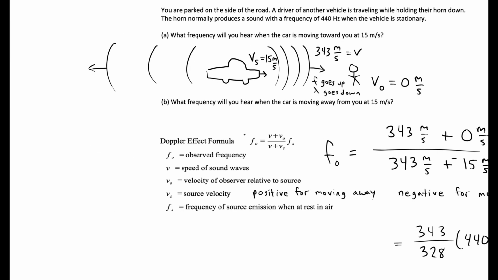Now, if we change the problem around to where you're observing the car moving away from you at 15 meters per second, now you're going to have a larger wavelength, and therefore we need a smaller frequency.